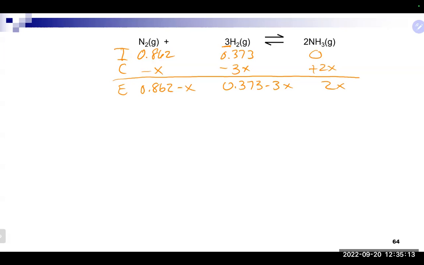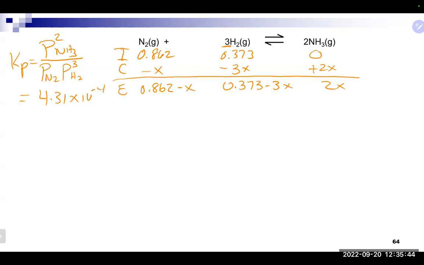Any questions on the ICE table here? This is going to go into our equilibrium expression, which I guess we should write. Our Kp in this case would be the partial pressure squared of NH3 divided by the partial pressure of N2 times the partial pressure cubed of H2. That equals what they gave us, 4.31 times 10 to the minus 4.